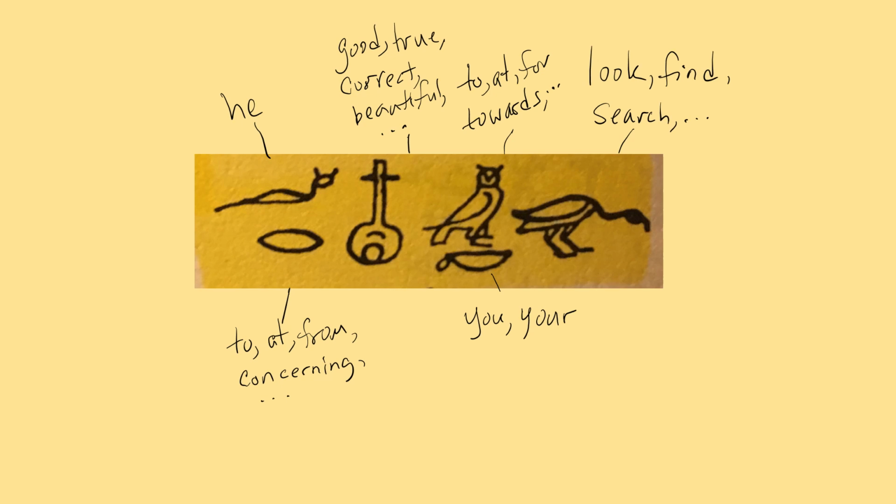So that could be good, true, correct, beautiful. And the horned viper is identified as the pronoun he, and the mouth is again identified here as a preposition: to, at, from, or concerning. So translating this, I come up with find the beautiful.